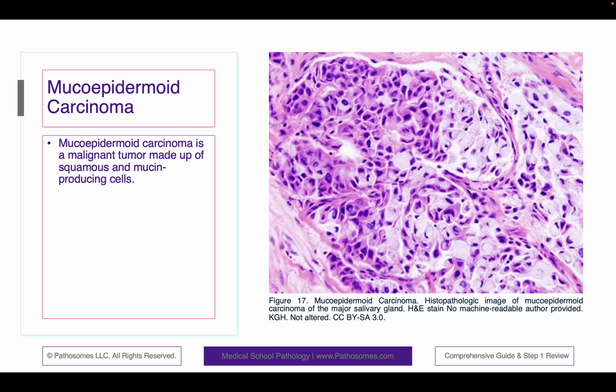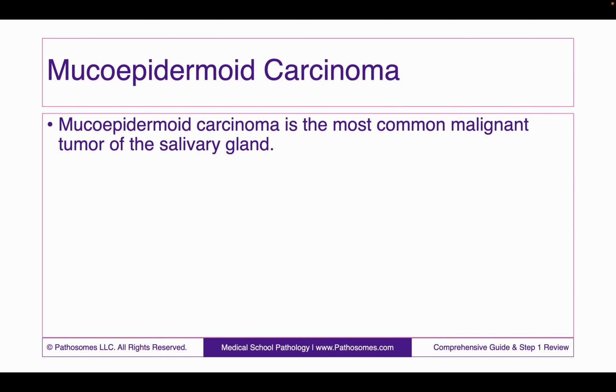Great. With that behind us, let's discuss another very important topic. Mucoepidermoid carcinoma. Now, a mucoepidermoid carcinoma is a malignant tumor made up of squamous and mucin-producing cells. Mucoepidermoid carcinoma is the most common malignant tumor of the salivary gland.